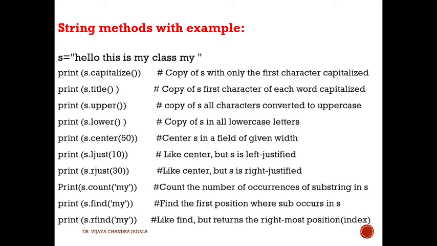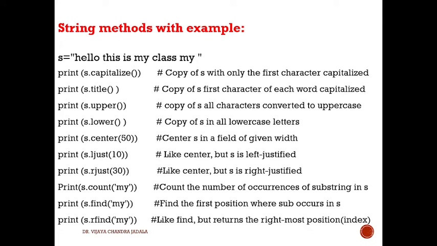Then S dot ljust 10, like center, but S is left justified, L means left justified. Then print S dot rjust 30, like center but S is right justified.